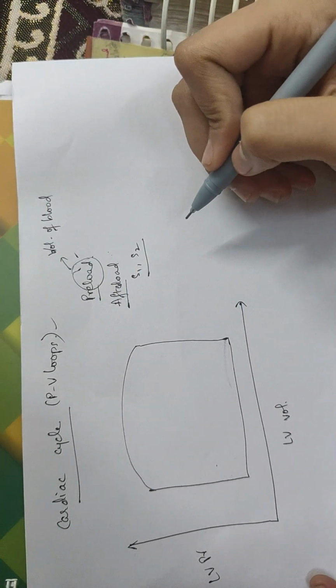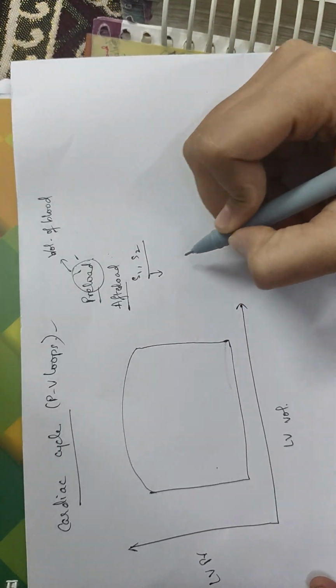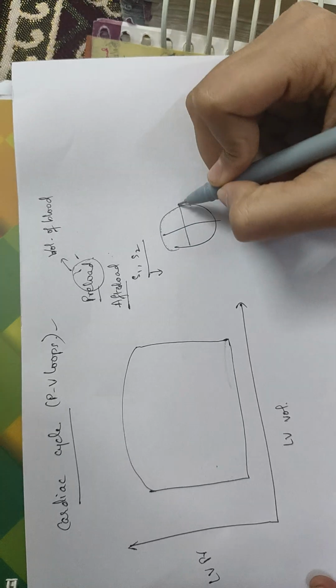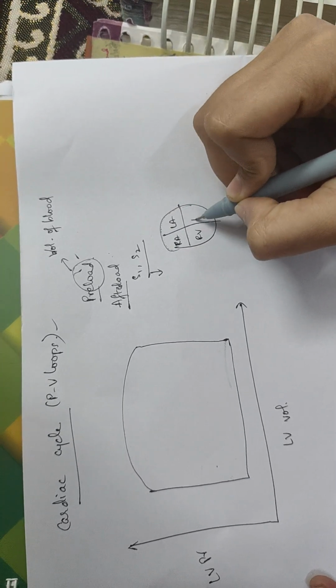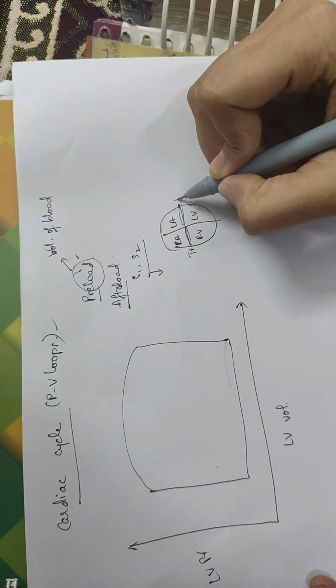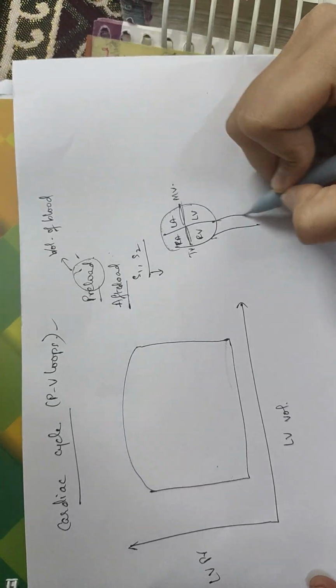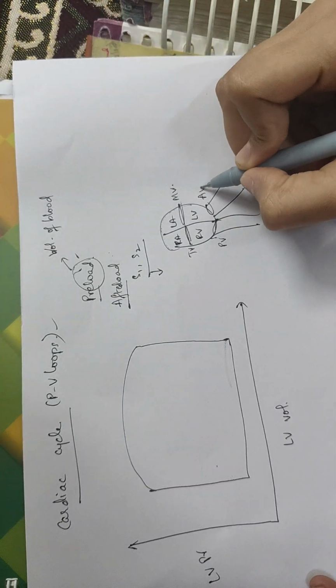Next, let's talk about S1 and S2. If this is the heart, we have the right atrium, left atrium, right ventricle, left ventricle. Here you have the tricuspid valve, here the mitral valve, here the pulmonary valve, and here the aortic valve.